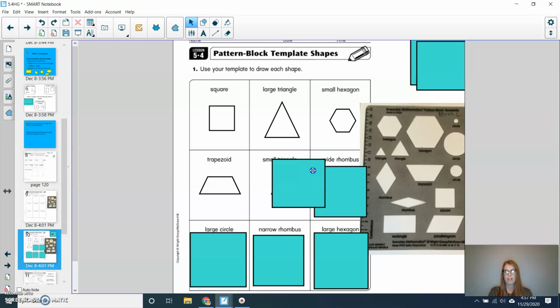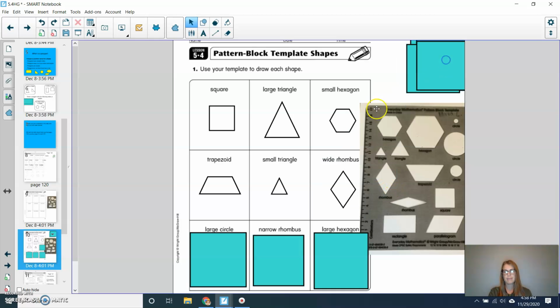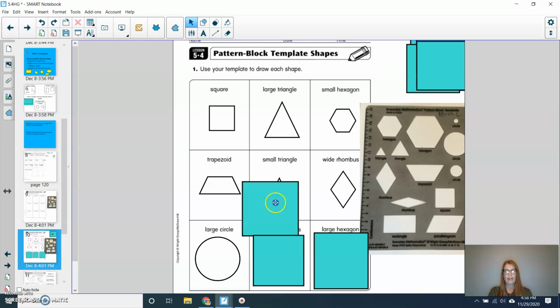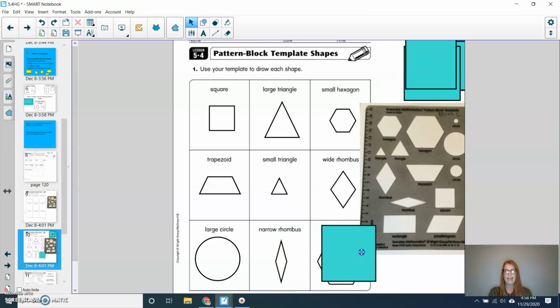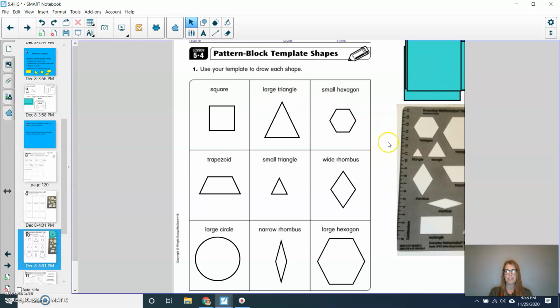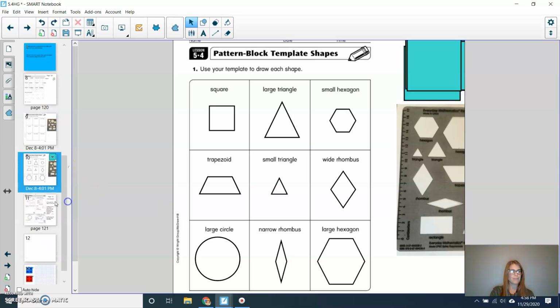Then we have the small triangle. Our rhombus, there's two different ones. So the first one we wanted to do was that wide rhombus. Then we have our large circle. Here's our narrow rhombus. You could have done it either way. I chose to do it going up and down. And then last, our large hexagon. So double check to make sure you have your shapes correct and fix any with your pencil and eraser.